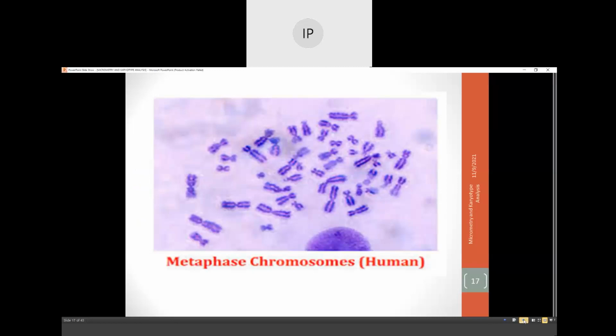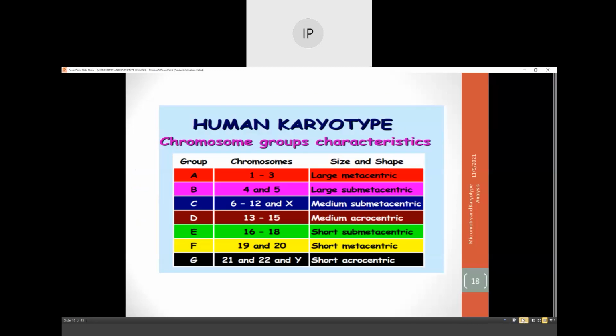Now this is the metaphase plate of human showing 46 chromosomes. Now let us see the human karyotype. It has many groups of chromosomes like A, B, C, D, E, F, G. 1 to 3 lie in A group, having chromosomes which are large and metacentric.